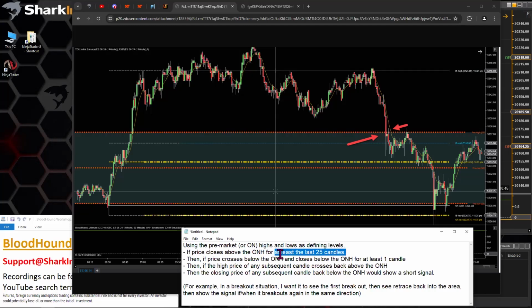We need price to stay above, or stay outside the range, for at least 25 bars, and then of course price comes back in, and we get a close inside, or at least a close below the opening range high, for at least one bar. But then all that's being looked for is if a candle wick breaks outside of the opening range high.